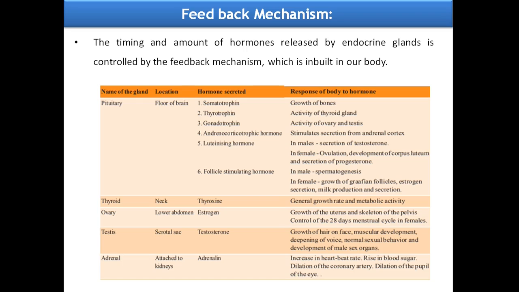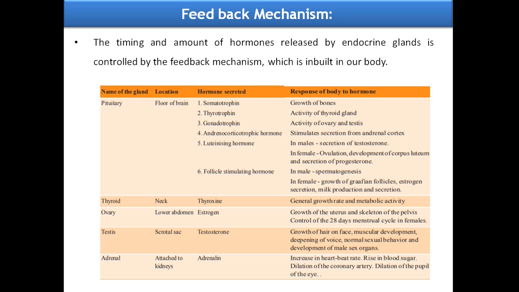Adrenocorticotropic hormone stimulates the secretion of the adrenal cortex. Luteinizing hormone in males is meant for the secretion of testosterone. In females, it is responsible for ovulation, that is, release of the ovum, and development of the corpus luteum.